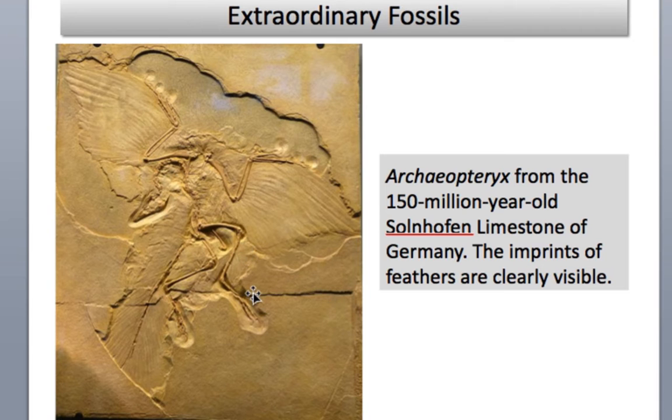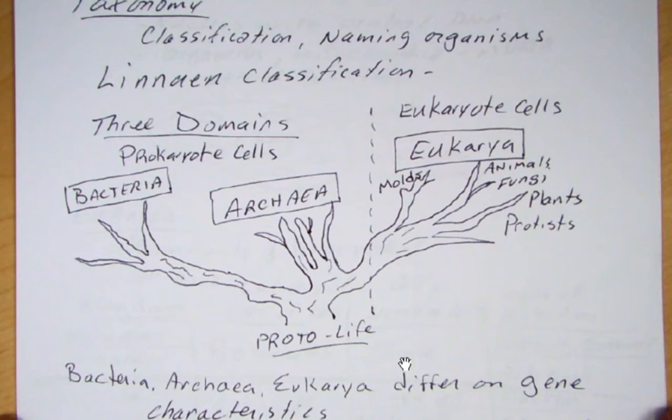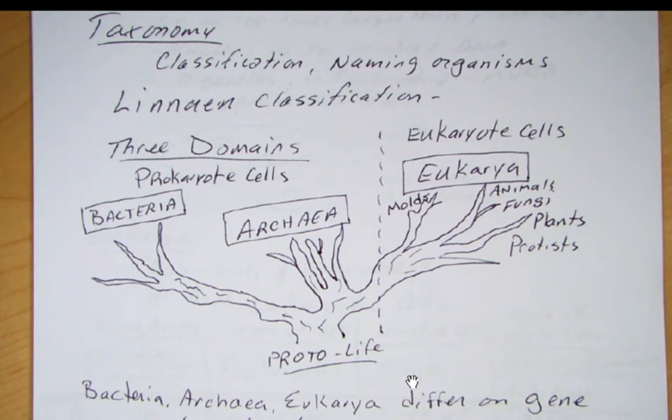If you look at these fossils, you'll see that they have teeth. So obviously birds don't have teeth today, and they have these claws on their wings right here. But clearly feathers.